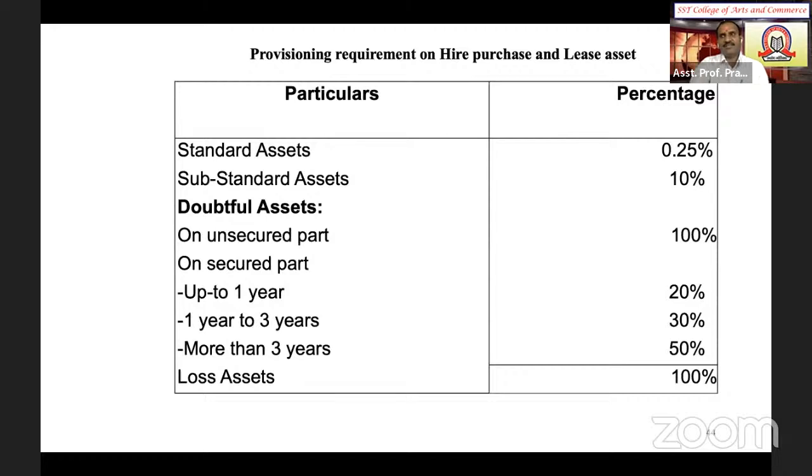Now, sometimes a small question will arise here, calculating the provision for advances of non-banking financial companies. You must remember the percentages for calculating the provision for non-banking companies.